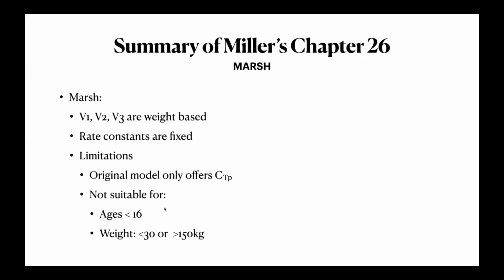It's not suitable for ages less than 16, and it has weight limitations less than 30 or more than 150. And that is just a protection against underdosing and also overdosing as well, because V1, V2, and V3 are weight-based. What I'm going to do is at the end, I'm going to show you a table with all these numbers here, and then we're going to find a pattern for all of them so that we can easily remember and recall this.